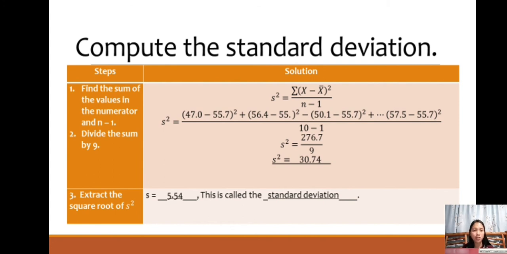So, okay, this is our calculator. You need to follow me. You can open parentheses, 47 minus 55.7, close parentheses, squared, plus 56.4 minus 55.7 squared, plus 50.1.